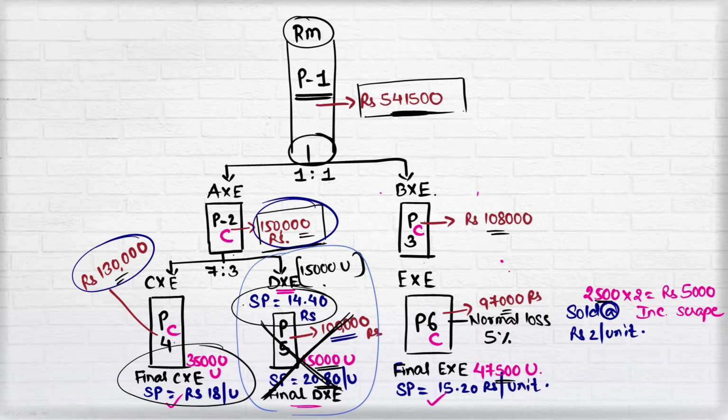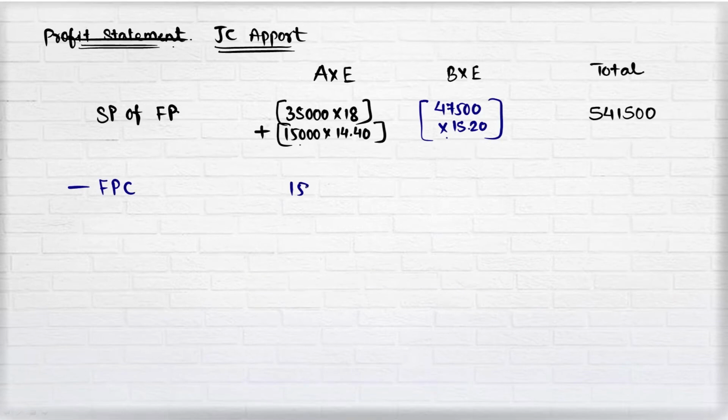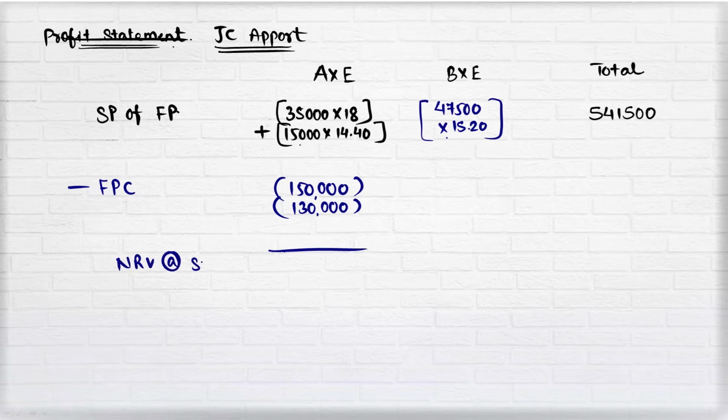So the two further manufacturing costs of AXC are 1,50,000 and 1,30,000. Believe me, we started with final, we reduced further processing costs, so we are now at split off point. So you can write down this is NRV at split off point.